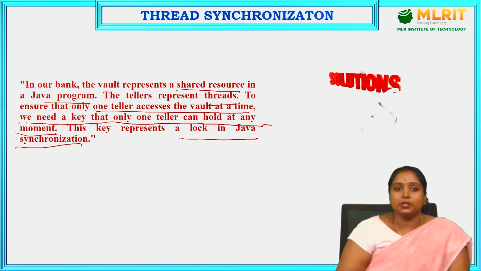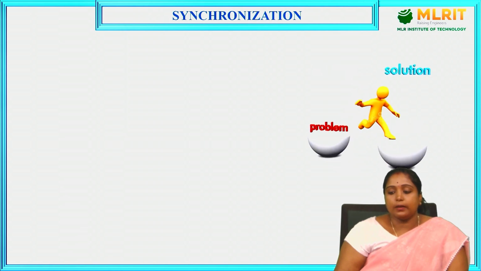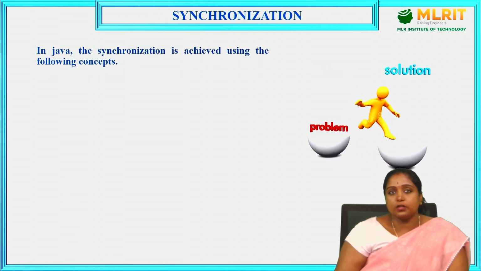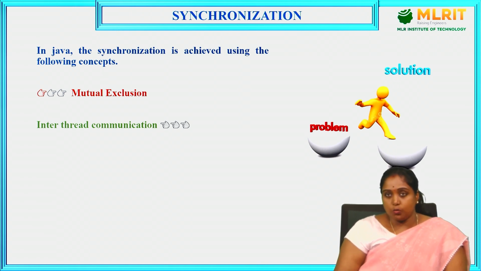How are we going to lock? Here is the solution. In order to achieve synchronization in Java, we are going to use these concepts: one is mutual exclusion and the second one is inter-thread communication. These are the two concepts by which you can achieve synchronization in Java.